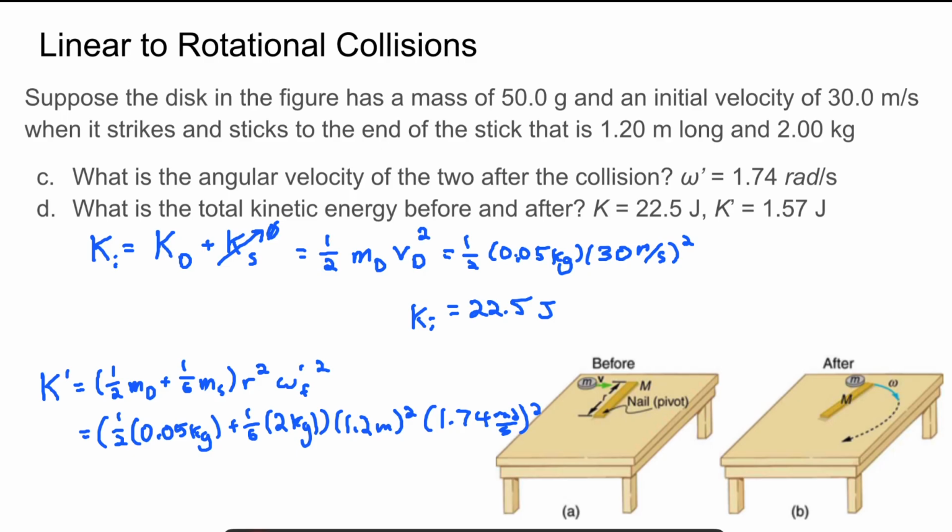In the end we get kilograms, meters squared, over seconds squared, which, as we know, is joules. If you run the numbers, we should get 1.57, give or take a rounding error, joules for the final kinetic energy of the system.